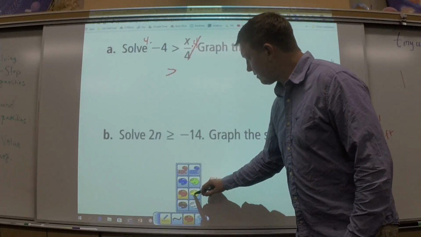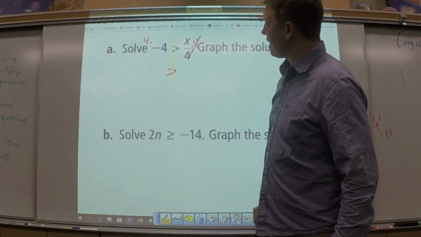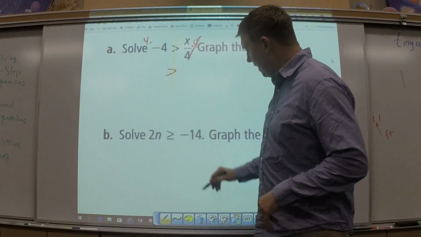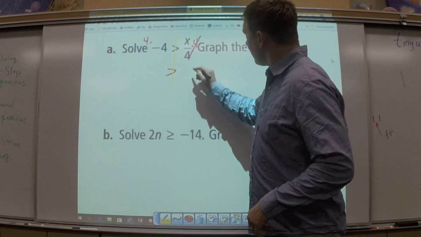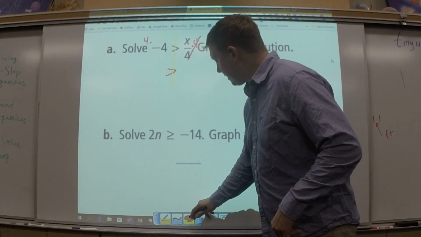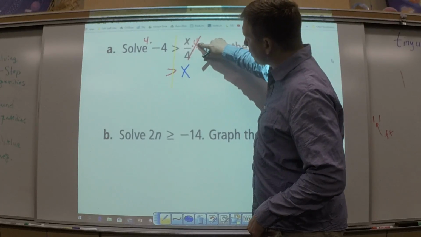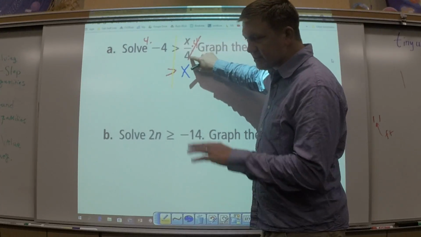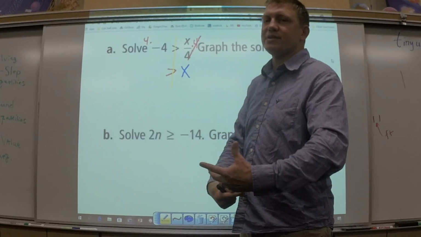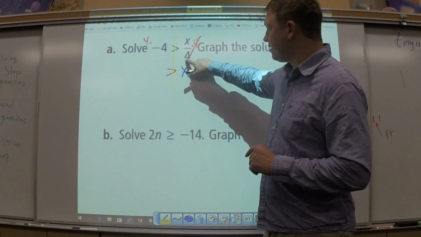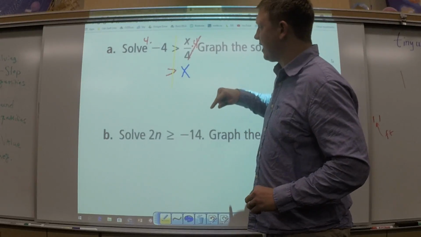I like to put that line straight down to keep things organized and in a line, and then I rewrite this as x on this side, because if you multiply by 4 and divide by 4, it's like it didn't happen. Those are opposite operations. They work against each other, and it will turn into 1. And so we have x left over on this side.